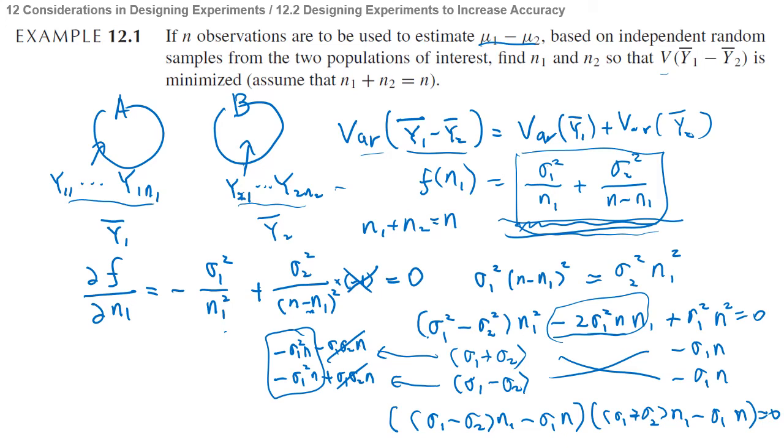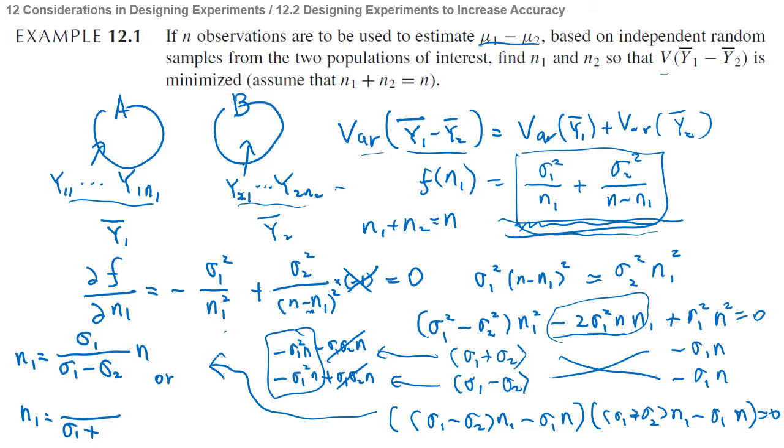And so the solution for n1 becomes (sigma 1 minus sigma 2) over sigma 1 times n, or n1 is equal to sigma 1 over (sigma 1 plus sigma 2) times n.